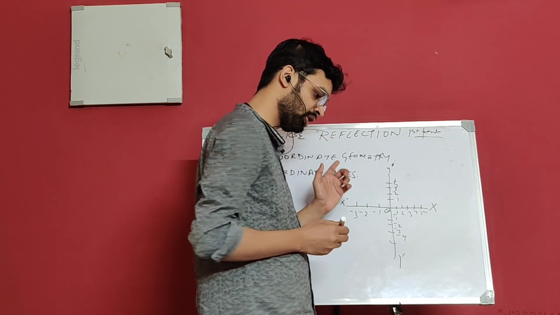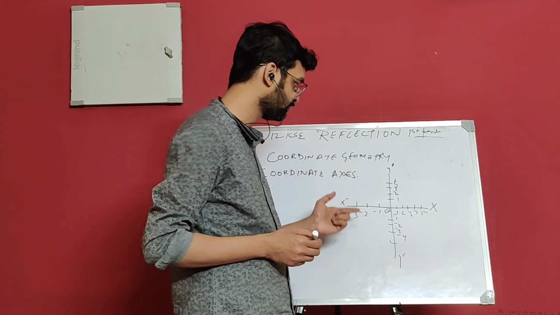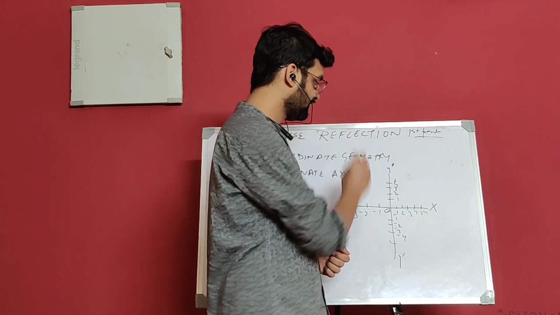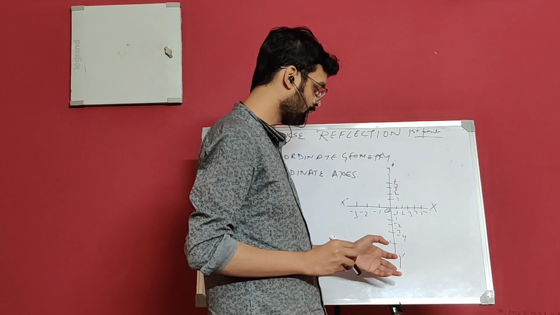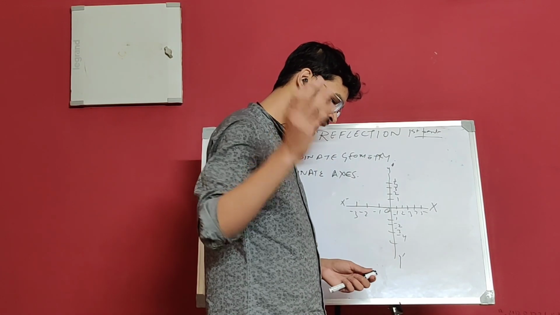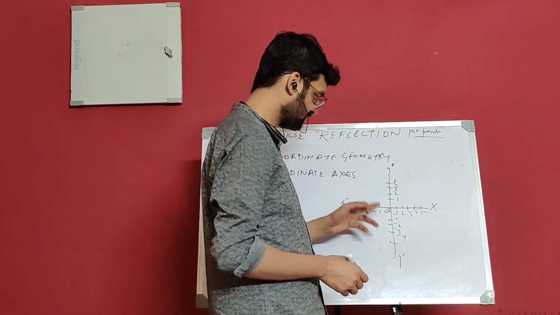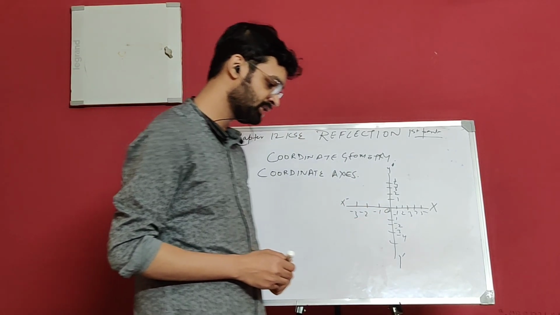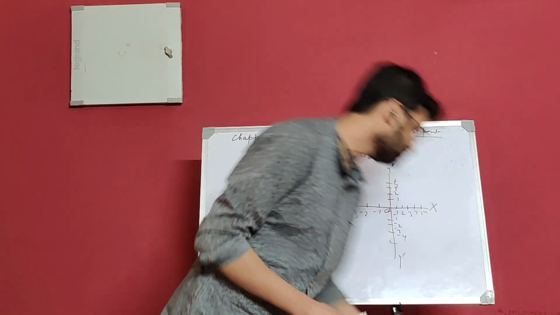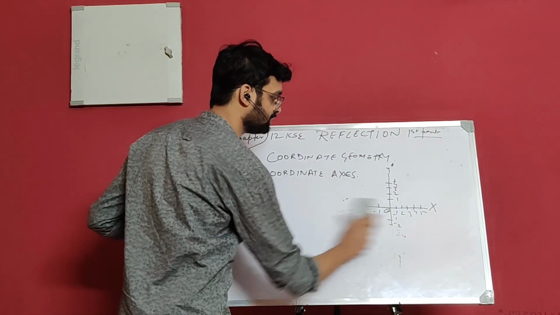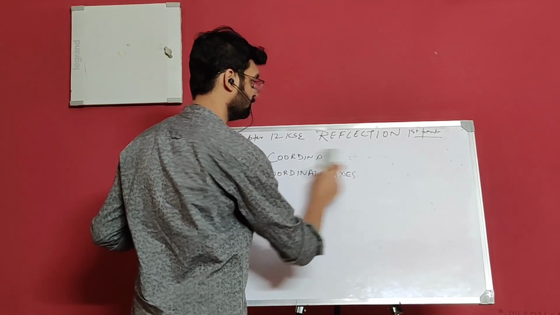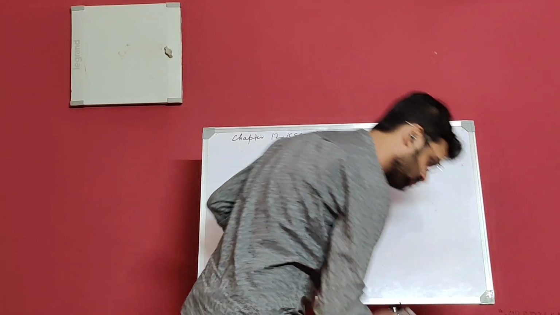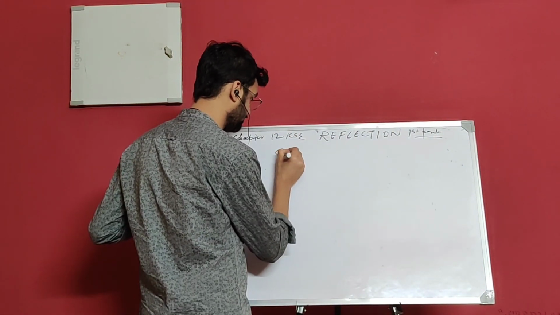As shown in the adjacent figure, the horizontal line, that is x o x dash, is called the x-axis, and the vertical line, that is y o y dash, is the y-axis, and the point where they meet, the intersection point, is known as origin or O. These are basic things which I know you would already know, but I am going from the initial stages. Okay. So, what are coordinates?